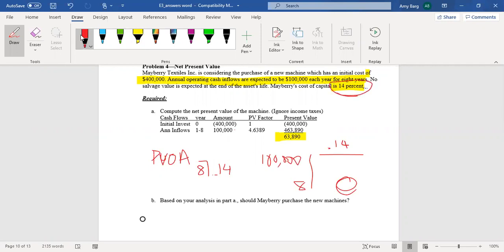It's not telling us what it is, just that it's better than 14%. So because it's positive, we are definitely going to accept it. If it was negative, that would tell us the rate of return was less than desired, and so we would say no, because it's not going to return as much as we want. So positive is greater than desired.